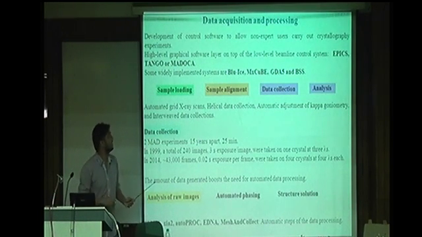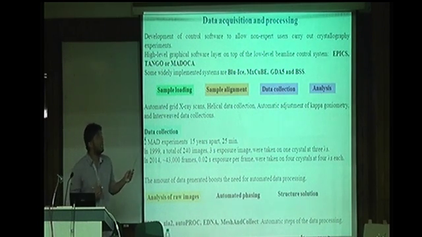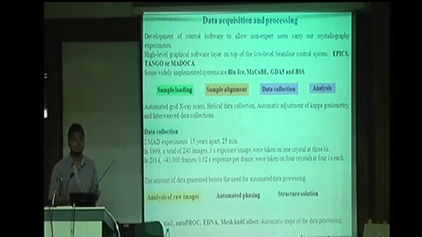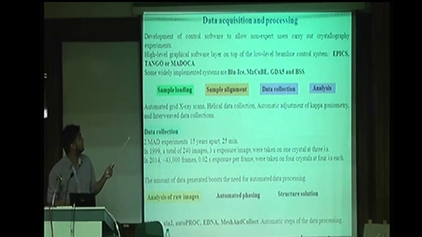The last one is data acquisition and processing. Data acquisition and processing mainly depends on a key factor, which is the development of control software that allows non-expert users to carry out their crystallographic experiments.